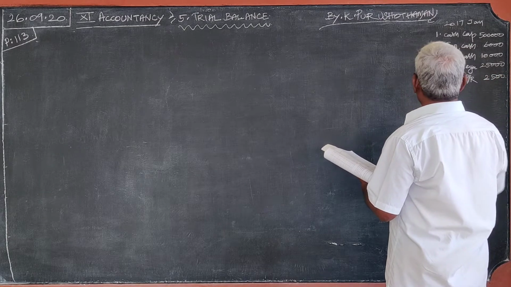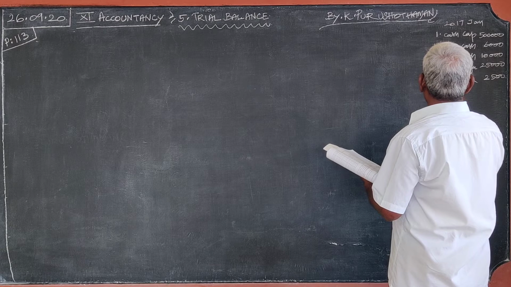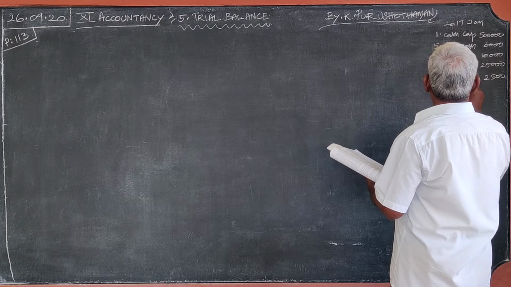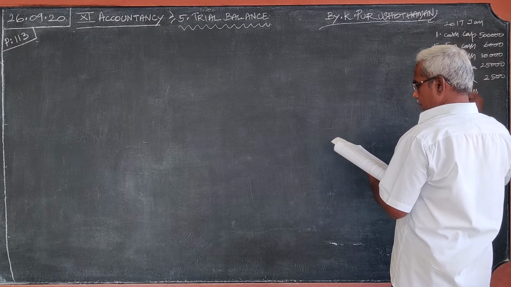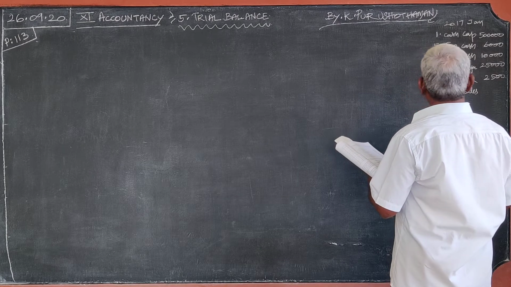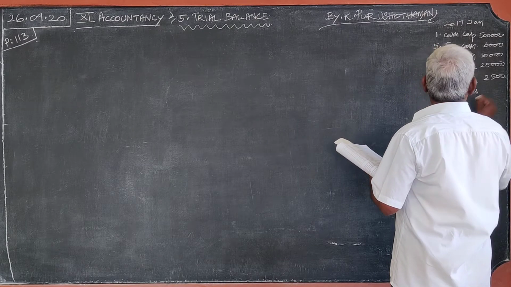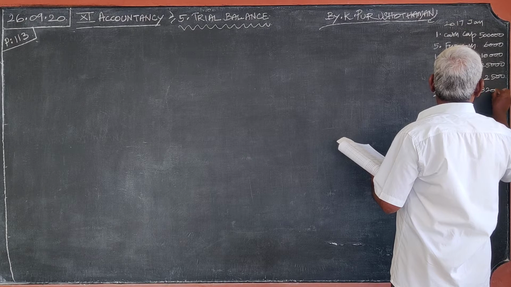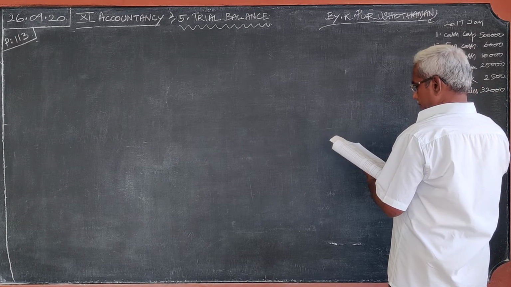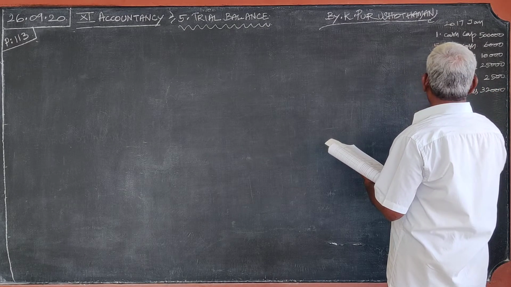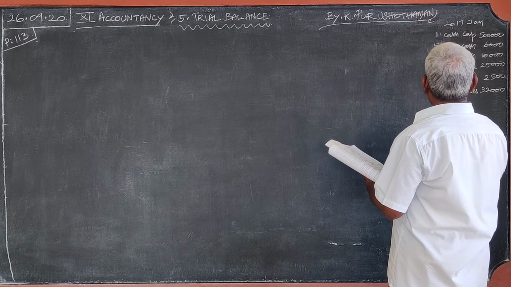After 18th to 20th, sold goods for cash. Cash sales 32,000. After 20th to 25th, sold goods to Elizabeth.